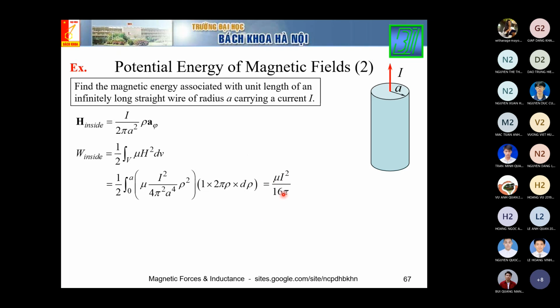Please notice that this energy is independent of the dimension of this conductor. You don't see any radius in this formula.